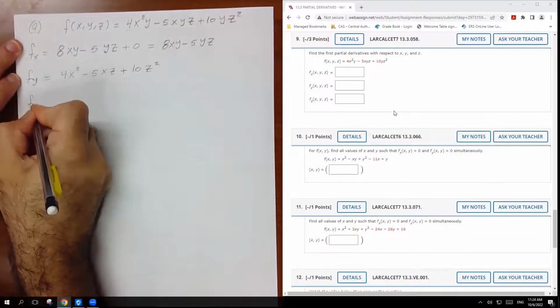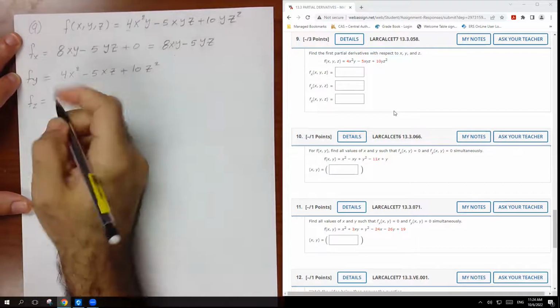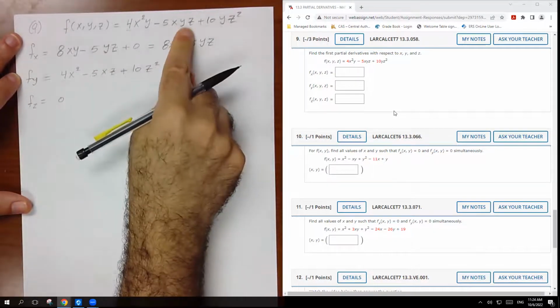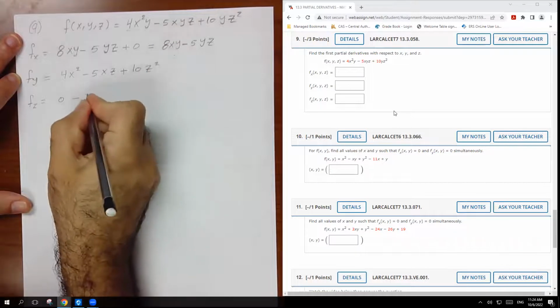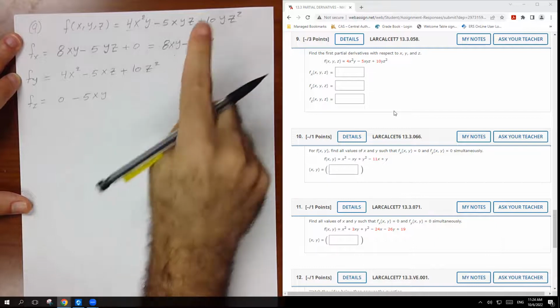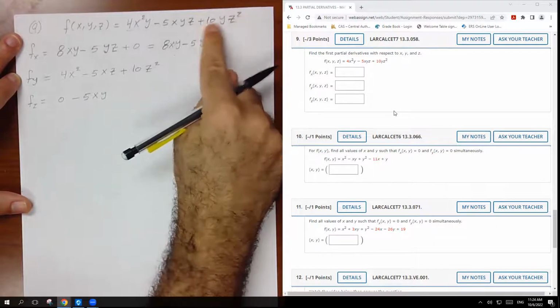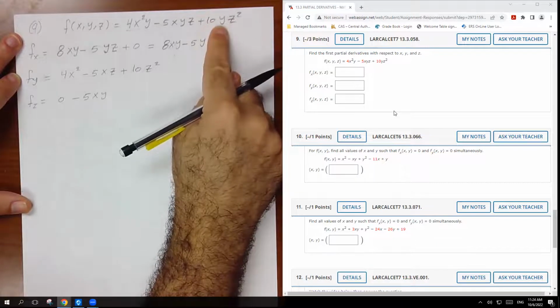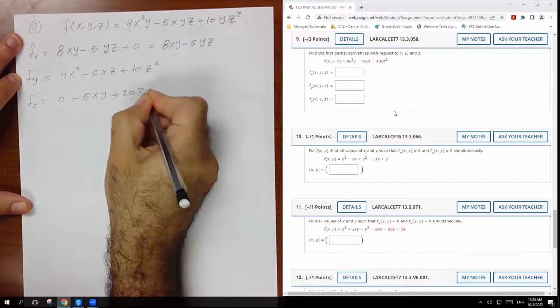F with respect to the z is going to be, this is 0. With this one is going to be negative 5xy. And for this one with the z, it's going to be 20z and keep the y. So plus 20yz.